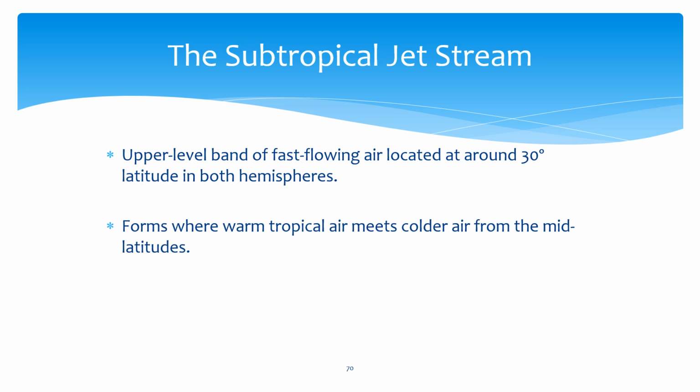Notice that both of these jet streams are located over some of our important pressure areas, with the polar jet stream located above that polar low at about 60 degrees latitude, and the subtropical jet stream located above that subtropical high that occurs at about 30 degrees latitude.